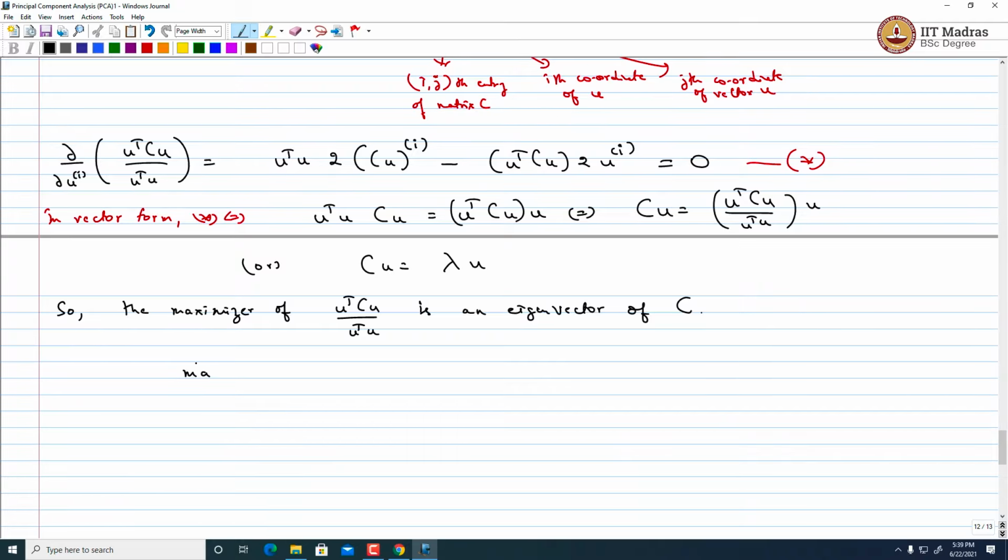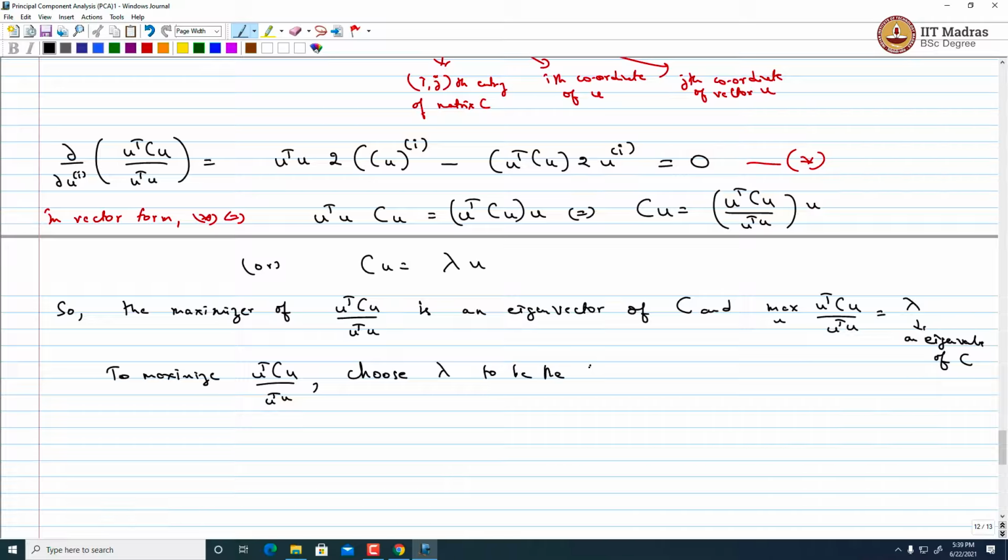And the max of u transpose Cu divided by u transpose u is equal to lambda, an eigenvalue of C. And if you want to maximize this, choose lambda to be the largest eigenvalue of C, and let u be the corresponding eigenvector.